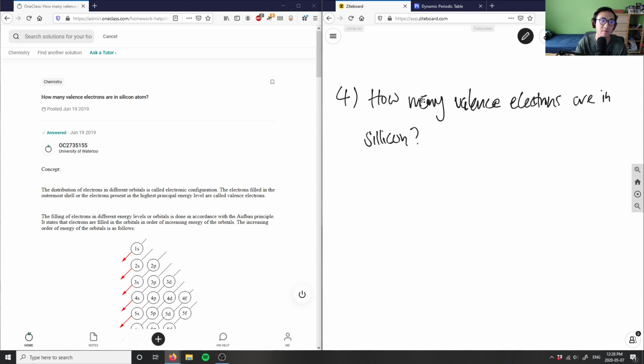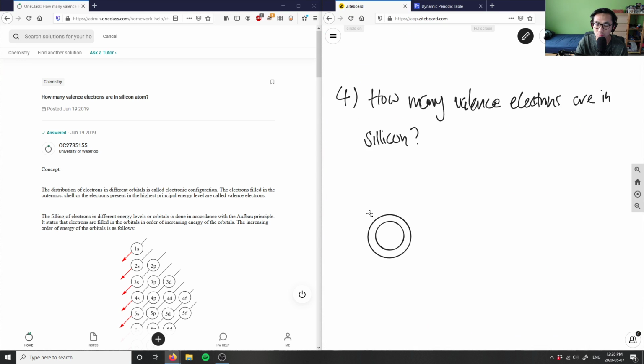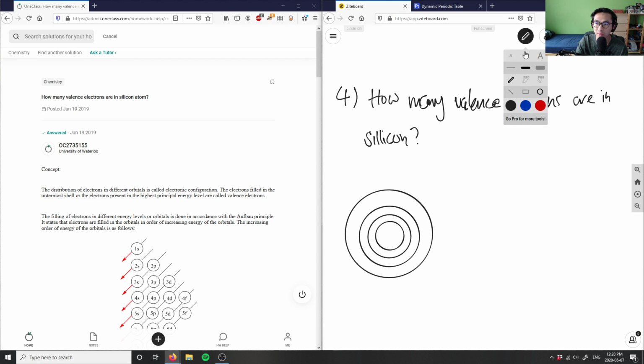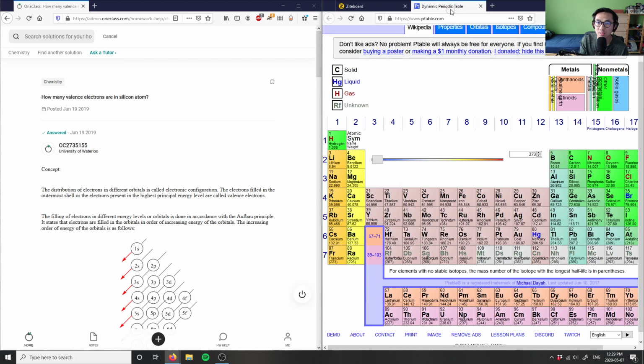So you can think of this problem in 2 ways. You can think about Si being in the middle. You can have 2 electrons in the first shell, and then the second row is all filled as well.